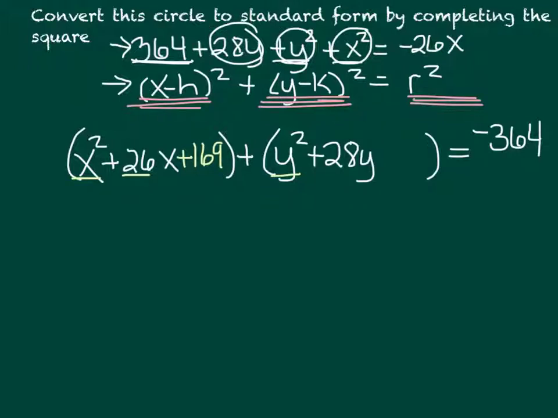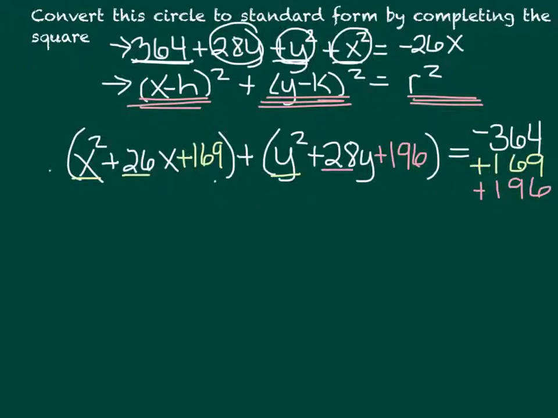And remember, if I add it to the left, 1 times 169, I have to add it to the right. All right, and then for this other group, half of 28 is 14. 14 squared is 196. And so 1 times 196, I need to add 196 to the other side too. Remember, everything you do to the left must also happen to the right.